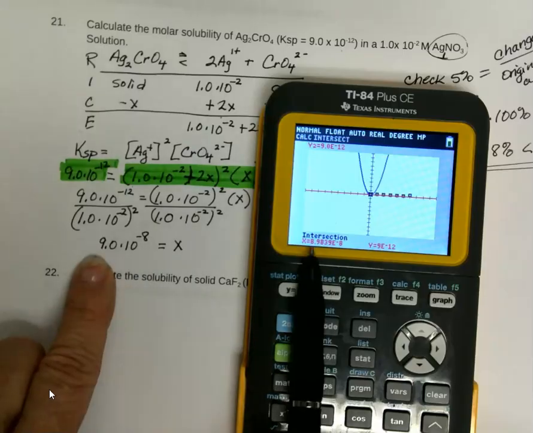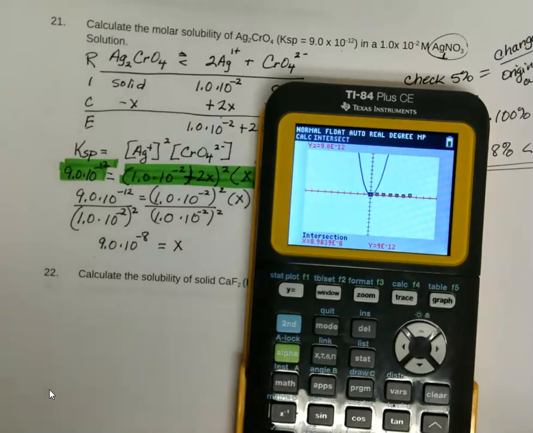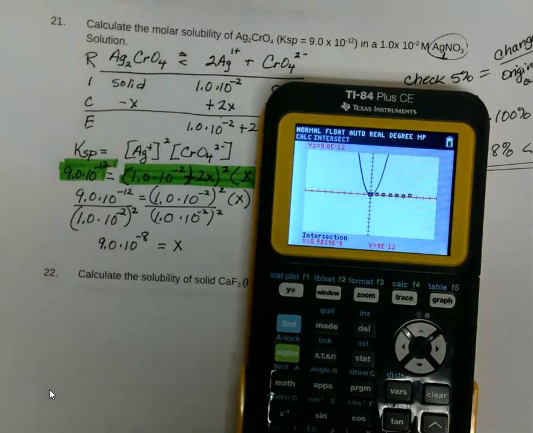So it did not matter by taking that x out. Either way is acceptable. If you feel more comfortable using your calculator, on your FRQs you'll have your calculator in class. For regular college chem, you're going to have your calculator. So use the method that works best for you.